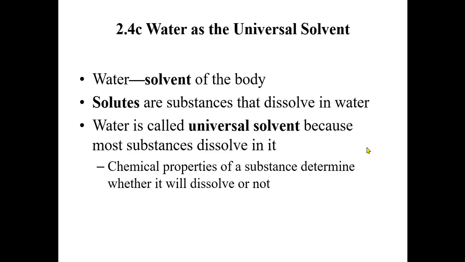If you're having Kool-Aid mix, for example, the Kool-Aid powder would be the solute. Water would be the solvent, because that's what's doing the dissolving. And then when you have the solute in the solvent and it's finally dissolved, we call that a solution.